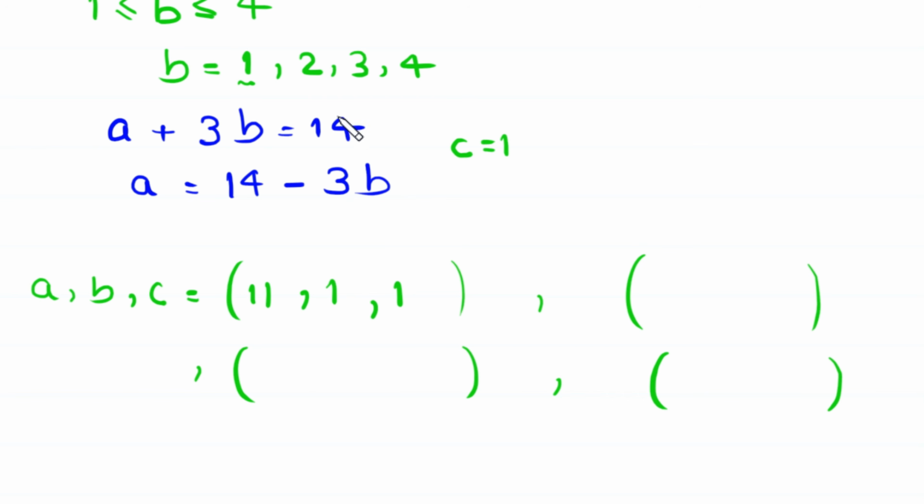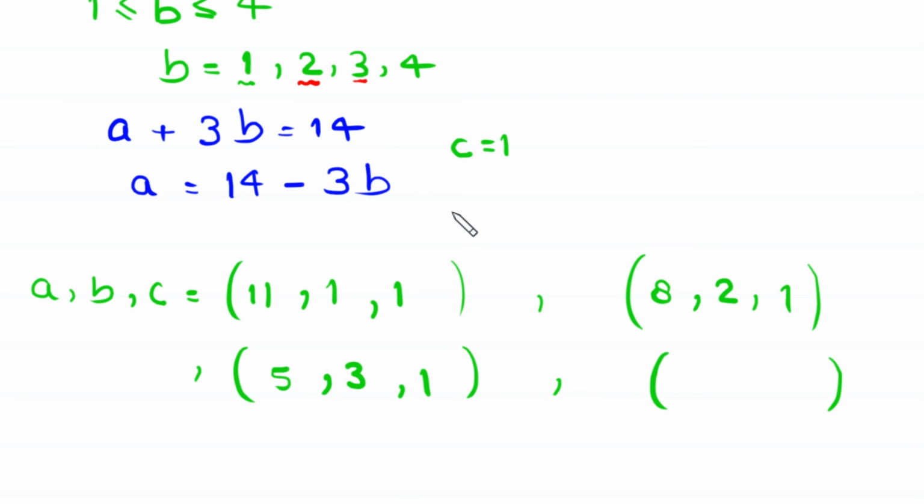When b is equal to 2, a will be equal to 14 minus 6, which is 8, and c is 1. When b is equal to 3, a will be equal to 14 minus 9, which is 5, and c is 1.